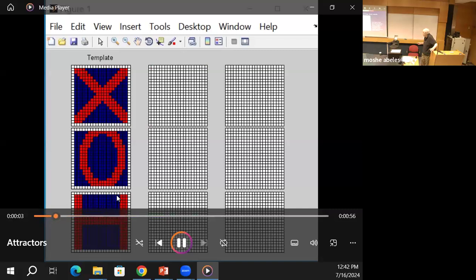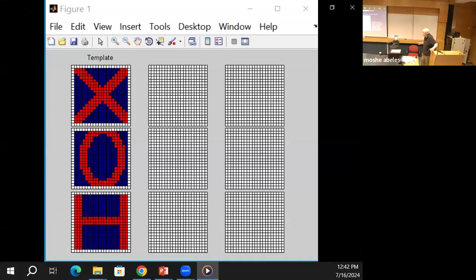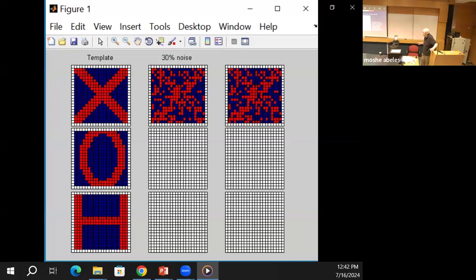So, here is a single network. I embedded this X, O, and H configuration of firing in this network. So it's the same network. We may start with this initial condition. We let it evolve, and you see that when it's active, it converges to this shape.